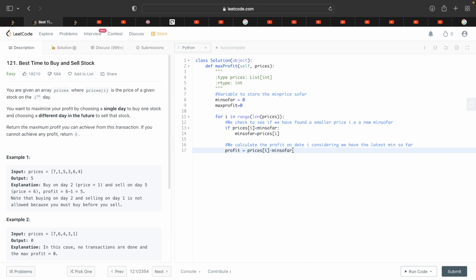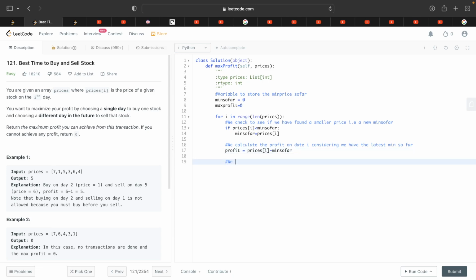Now remember that sometimes we calculate prices[i] minus min so far after we've just set min so far to prices[i], so this sometimes will evaluate to 0, right? Meaning the profit on that date is 0, because the smallest price we've seen so far is the price for that date.